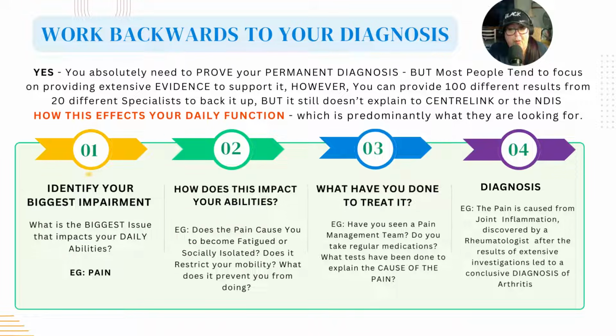So that way you can say, okay, well, it's been established that my pain has been caused due to joint inflammation, for example, and this was discovered by a rheumatologist after extensive results of investigations, and conclusive diagnosis was made for arthritis. So there you've established your permanent disability, your diagnosis, your treatments, stabilisation, how it impacts your life, where it impacts your life, and that's predominantly what they're looking for.